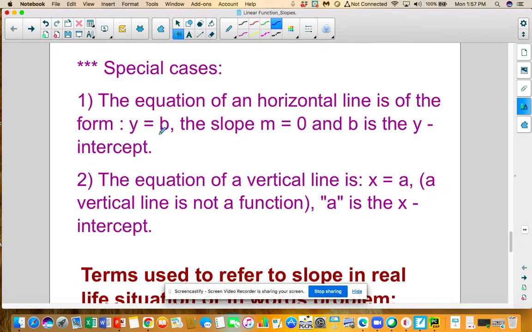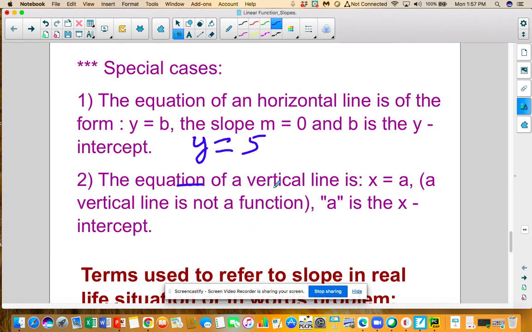Since the slope is 0, you don't have the m times x part here. Anytime you see an equation of a line that is y equals some number, let's say 5, then this line is a horizontal line that passes through y equals 5. The slope is 0.